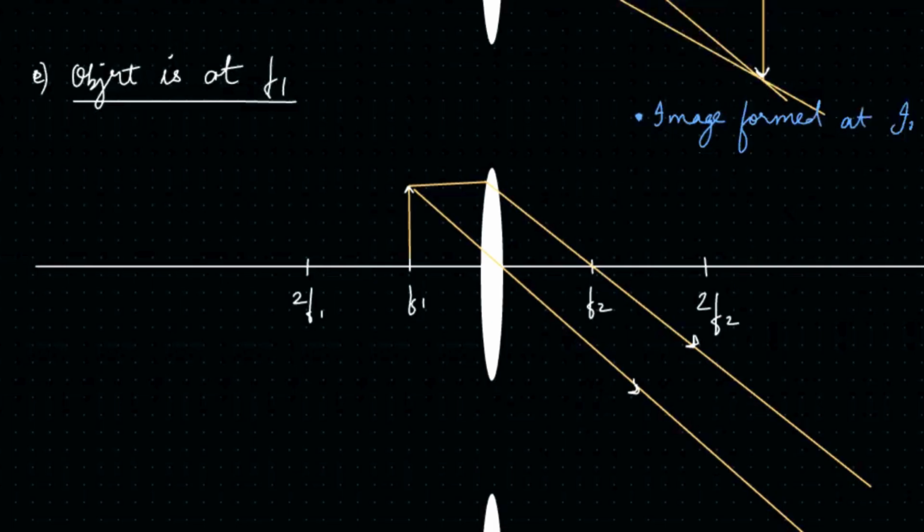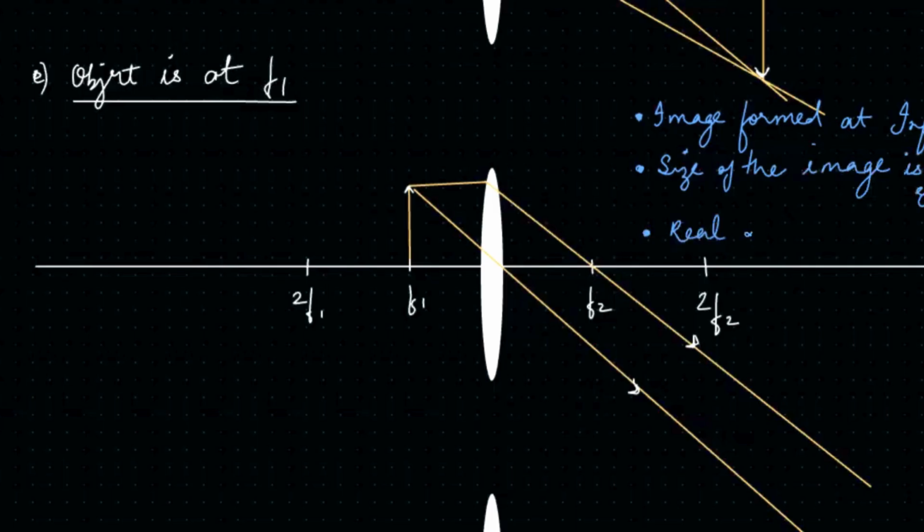The second point is size of the image is highly enlarged. And the third point is, again, there will be a real and inverted image formed. So this was the fifth ray diagram.